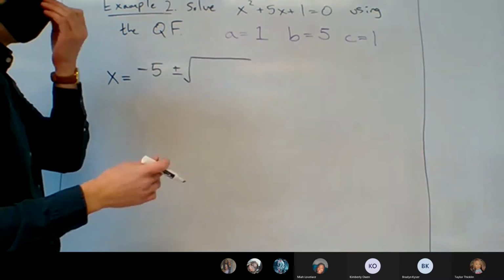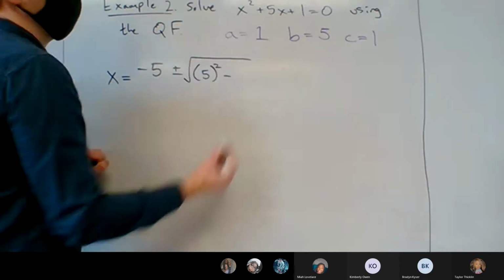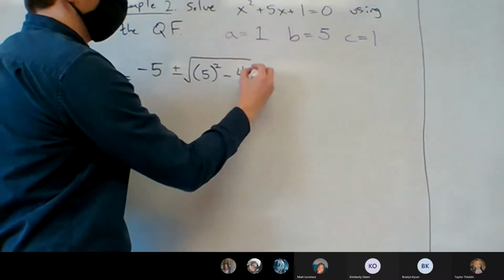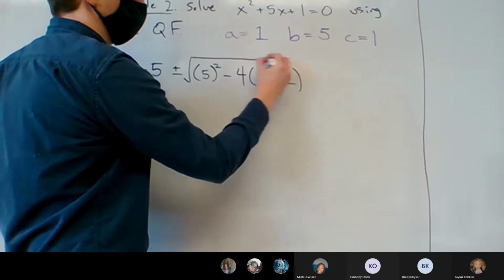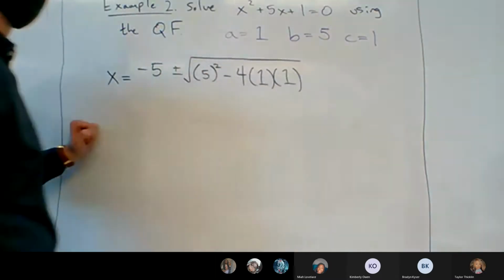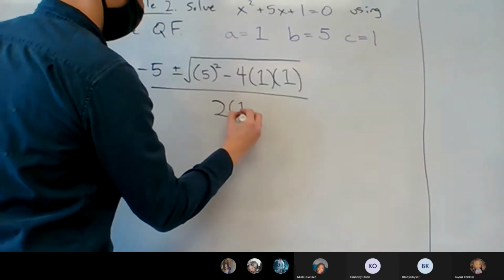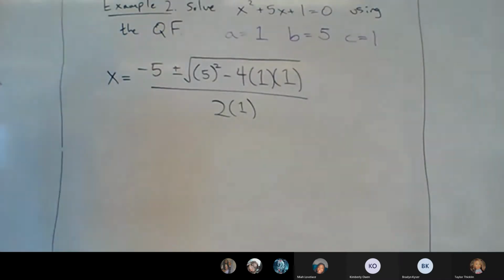B squared is 5 squared, then minus 4 times 1 times 1. 4ac, where a is 1 and c is 1. All over 2 times a, where a is 1.